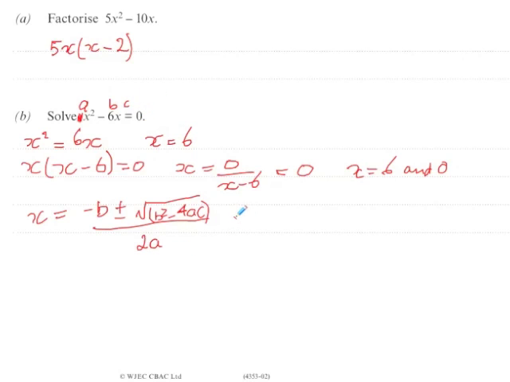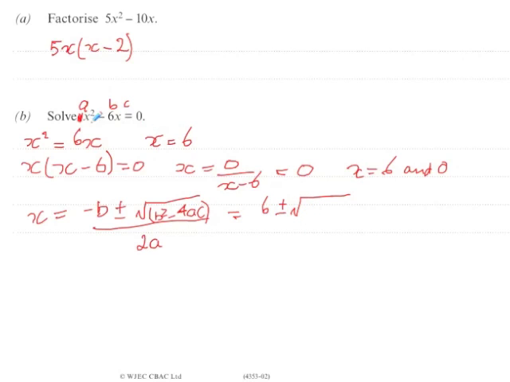So by substituting those figures in, we've got minus times minus 6 is plus 6, plus or minus the square root of b squared, which is minus 6 times minus 6, so that's plus 36.